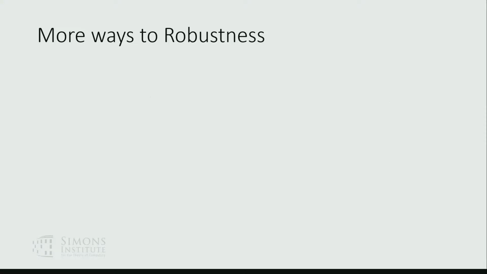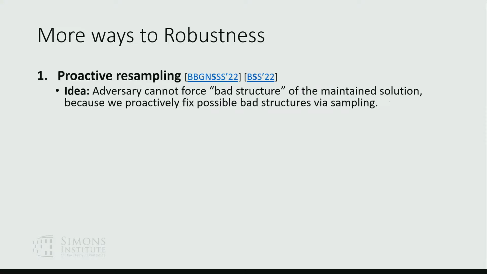Okay, there are more ways to robustness. There is a new technique that I call proactive resampling. It has been used in 2 papers so far, but I hope that it might be more useful.